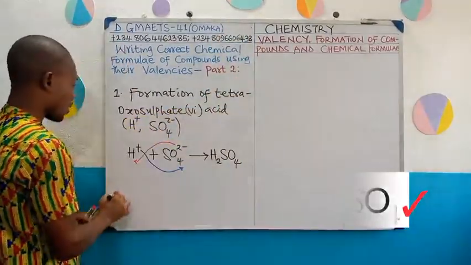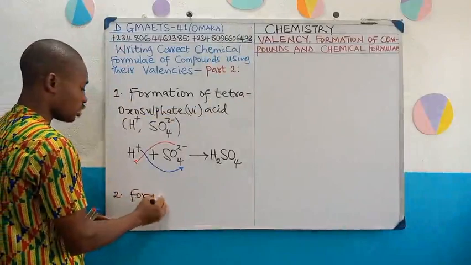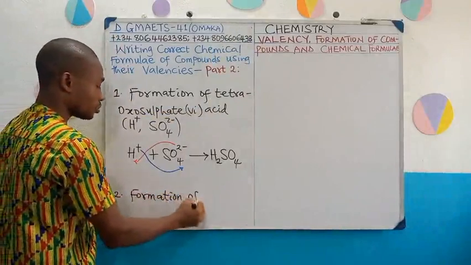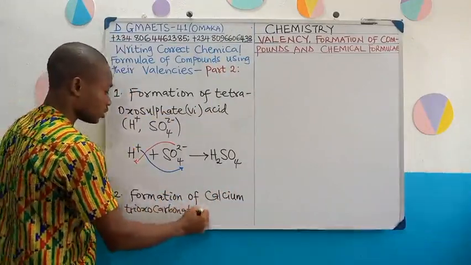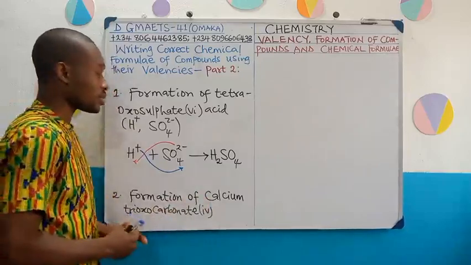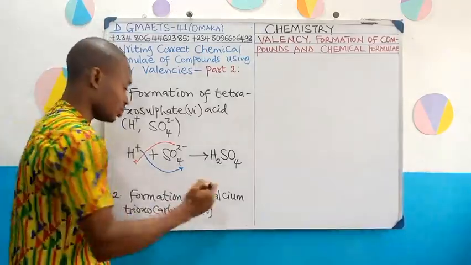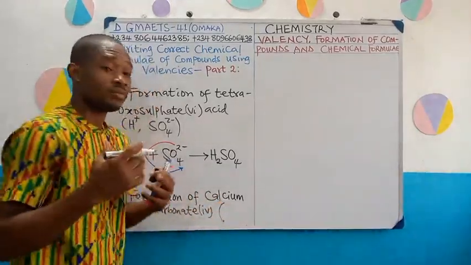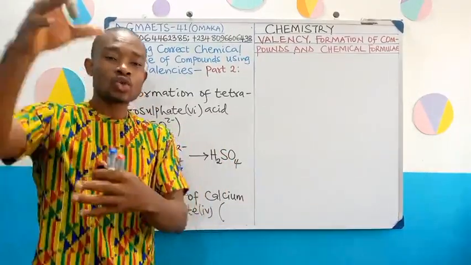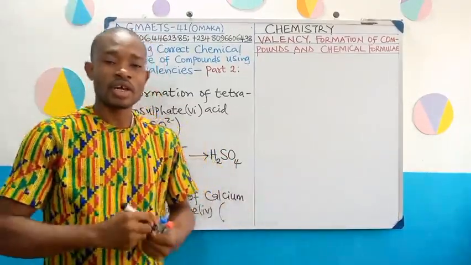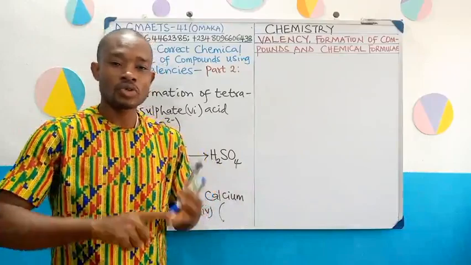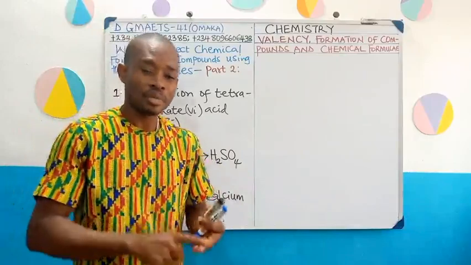Let's look at the next one: formation of calcium trioxocarbonate 4. Now, what does this compound contain? Let's think about it. Calcium trioxocarbonate. You heard calcium, you heard oxo, you heard carbonate. That carbonate is carbon.